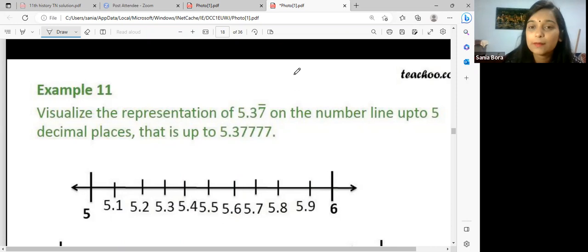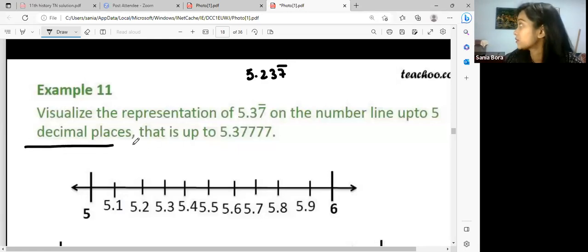So for example, over here, the question is this. Wait a minute. Okay, for example, if it is like 5.237, and then I ask you, Ayan, to put it on the number line up to 5 decimal places.